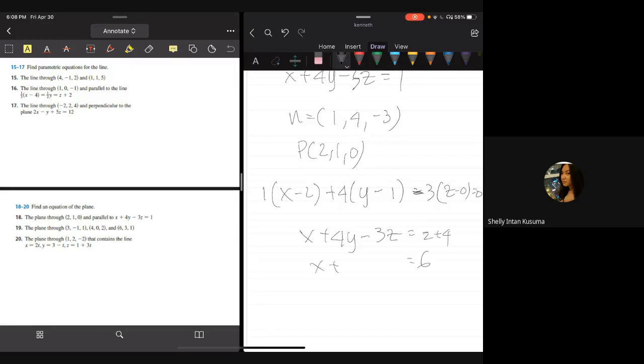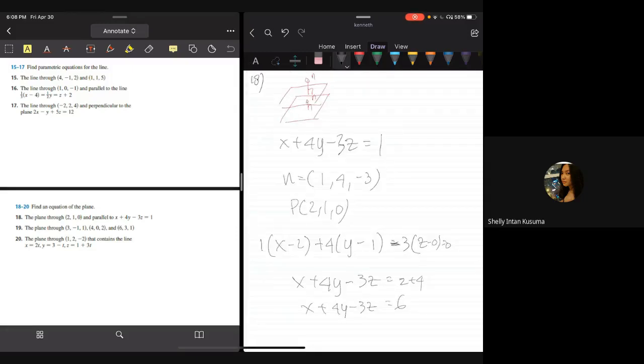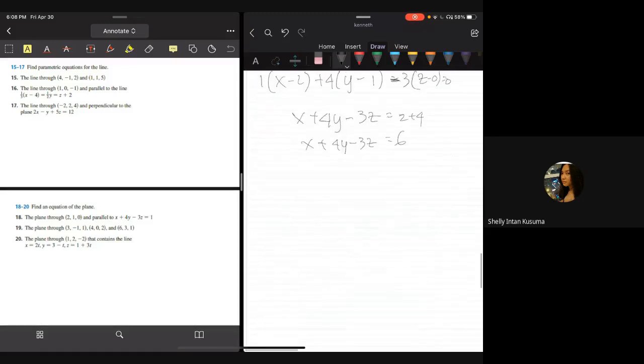So we get the equation x plus 4y minus 3z equal to 6. Okay, any question about this one? No, then we can just move to the next question, number 19.